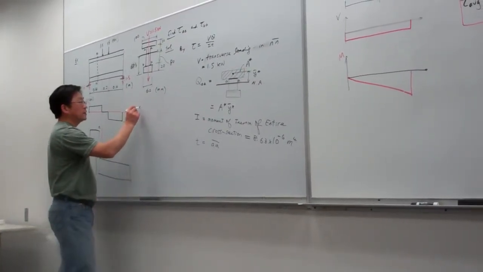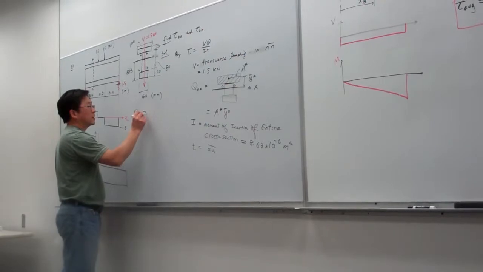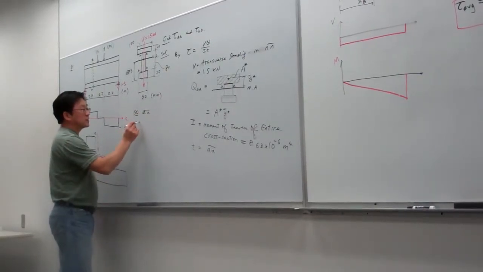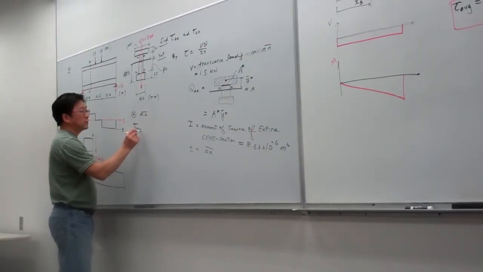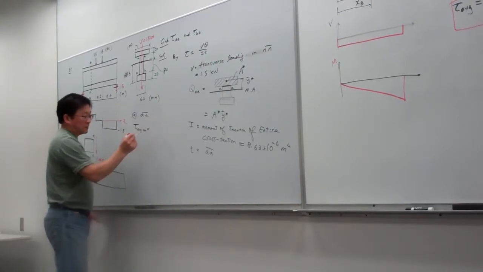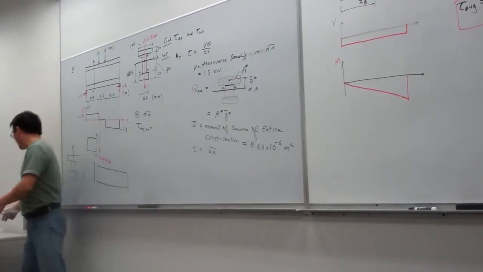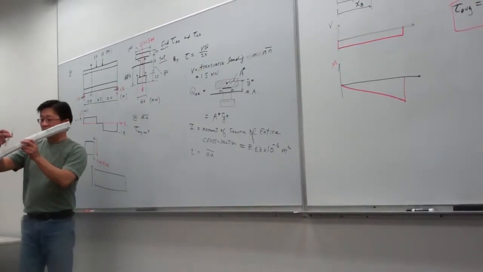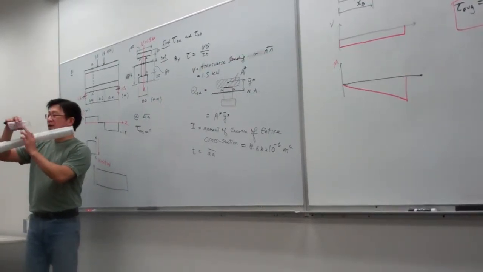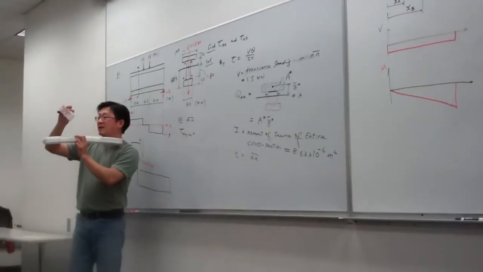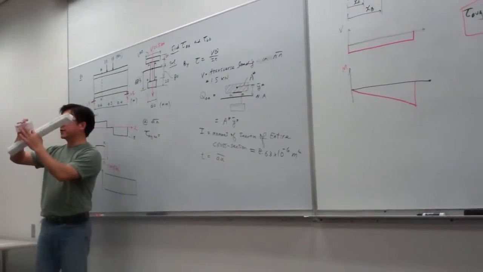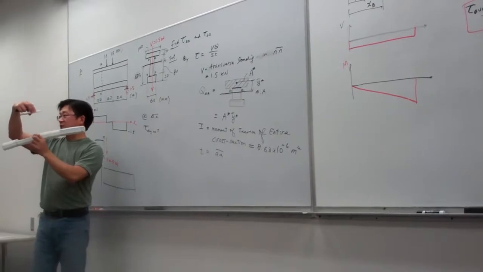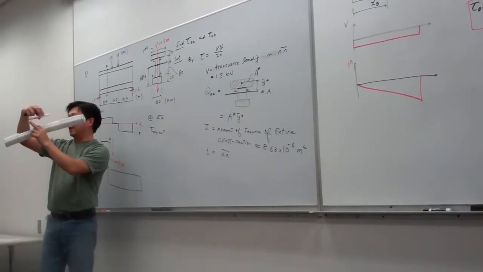Therefore, at AA, the tau average along AA. That means we pick a level. AA is a little bit on the upper side, so we calculate the average shear stress along the level represented by AA.